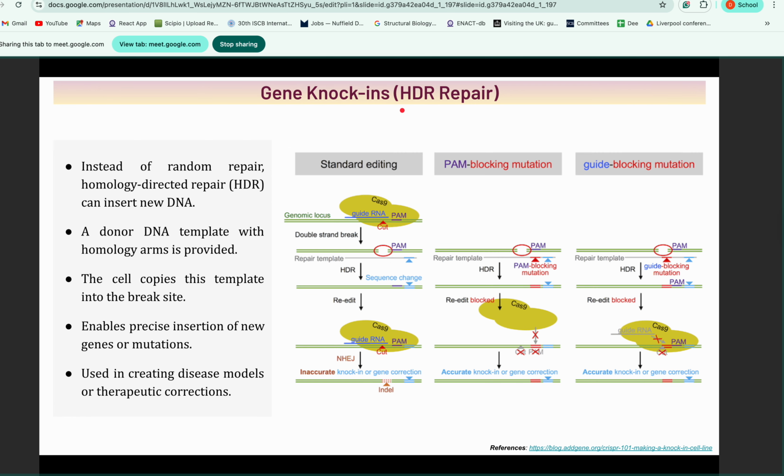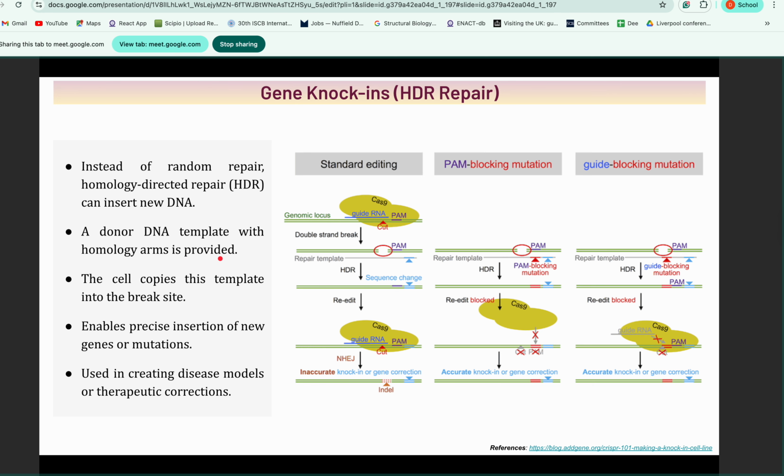Now we will look into the gene knock-ins, in which we use the homology-dependent repair, the homology-directed repair. So instead of random repair, homology-directed repair can insert the new DNA, and a donor DNA template with homology arms is provided. So for homology-directed repair, we need a homologous sequence.